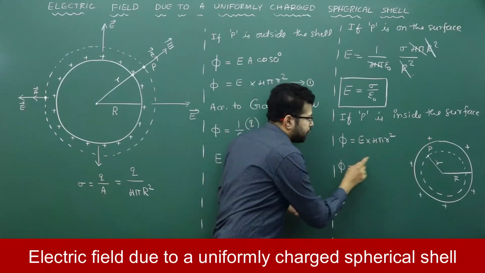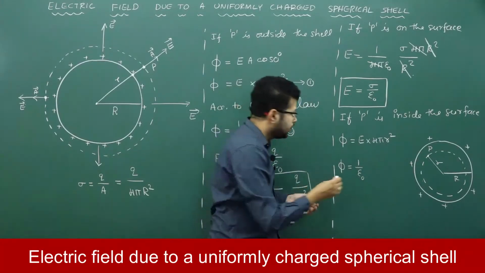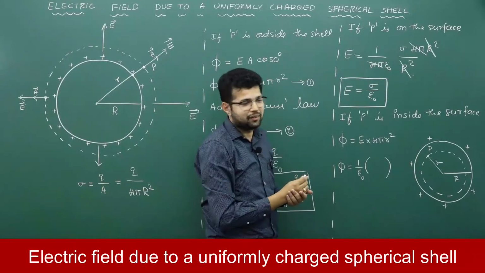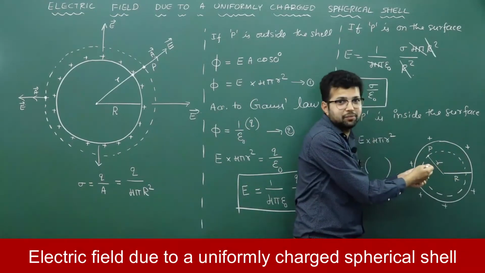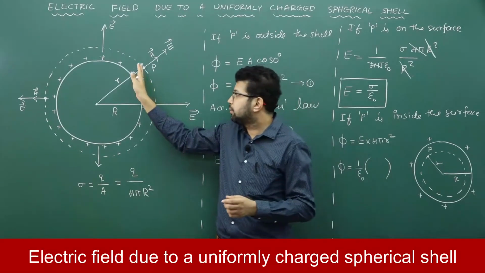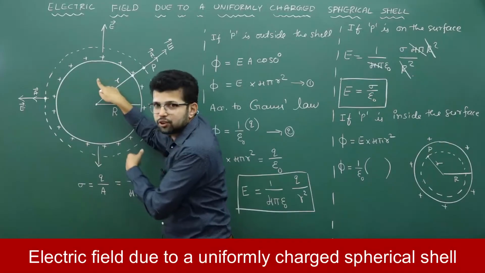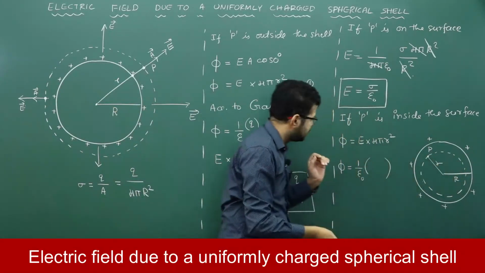According to Gauss law, flux through the surface is 1 by epsilon naught into charge enclosed by the Gaussian surface. In the earlier case, this Gaussian surface was enclosing some charge, but here this Gaussian surface is not enclosing any charge.